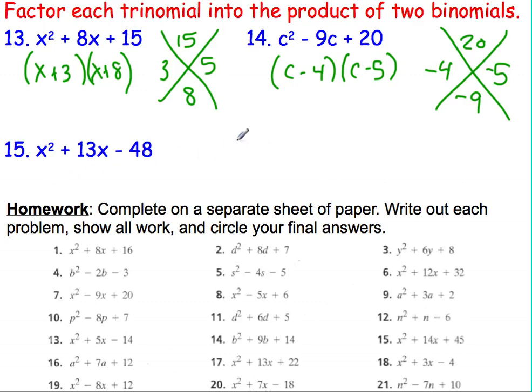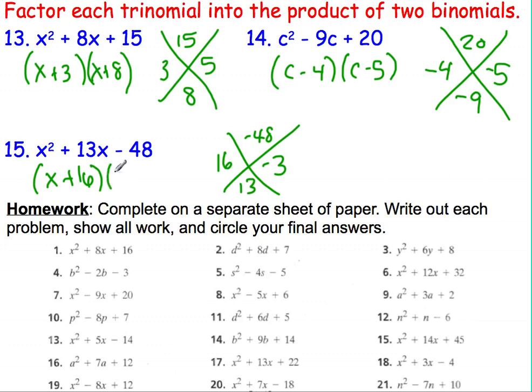All right, last one here, X method, negative 48, positive 13. I'm looking for factors of 48. That's really tough. Maybe like 16 and 3. That's probably going to be a negative 3. So it multiplies to give me negative 48. Adds to be 13. This is x plus 16, x minus 3.